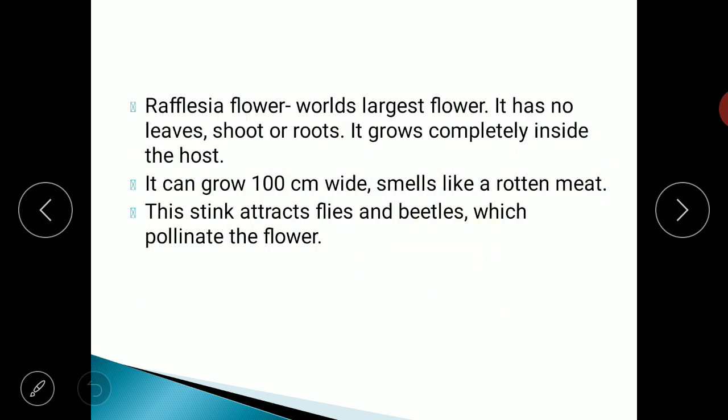One more example of a parasitic plant is the Rafflesia. The other name of it is corpse lily. It is the world's largest flower. It has no leaves, no shoot, no roots, nothing. It is only a flower. It grows completely inside the host plant.